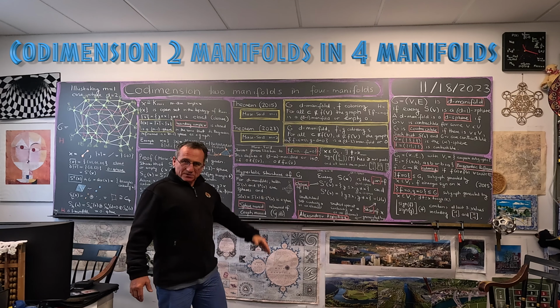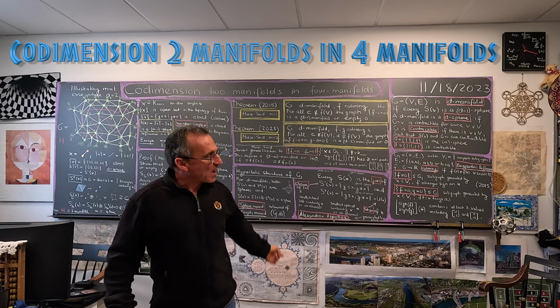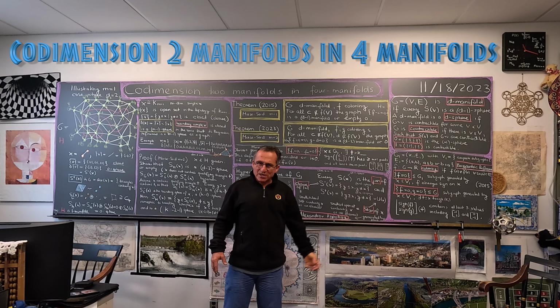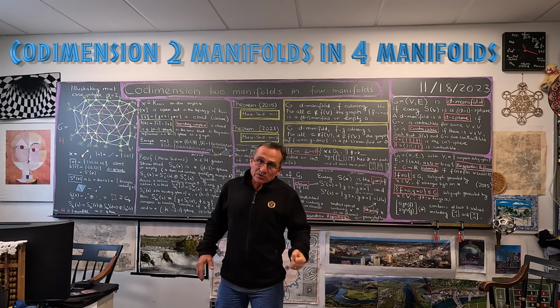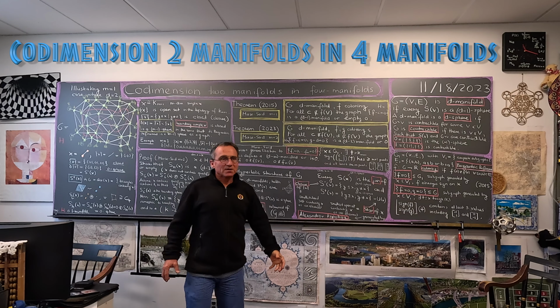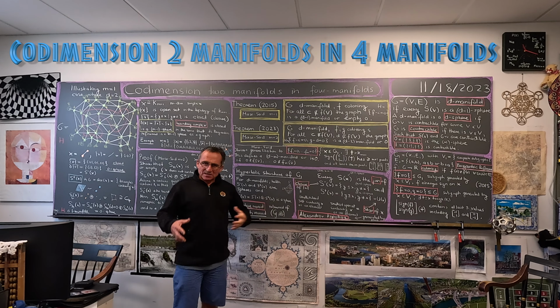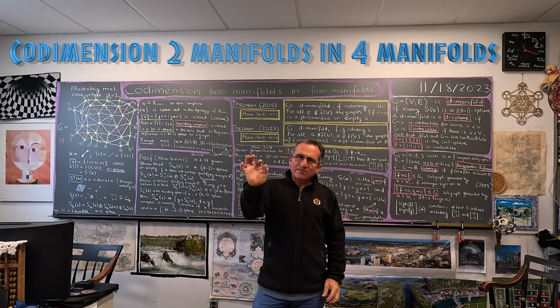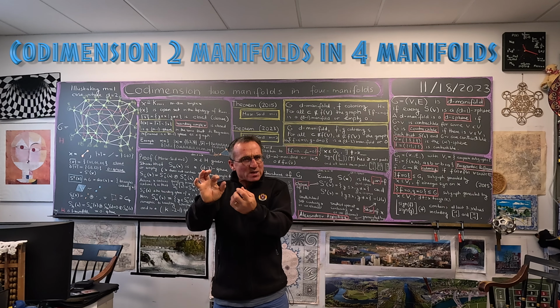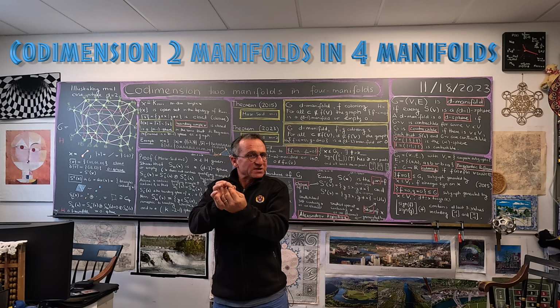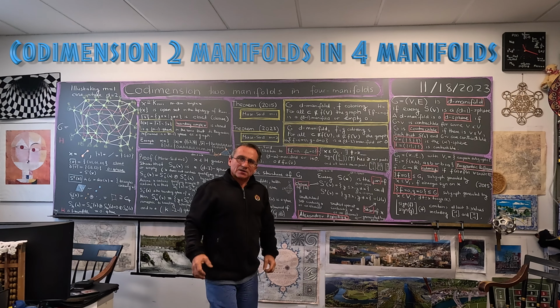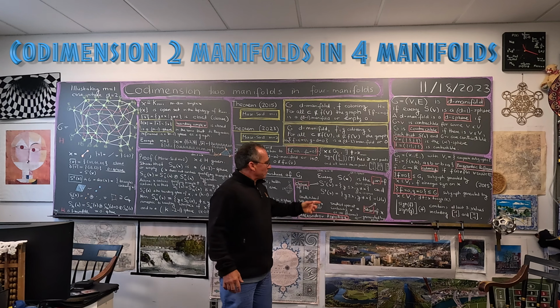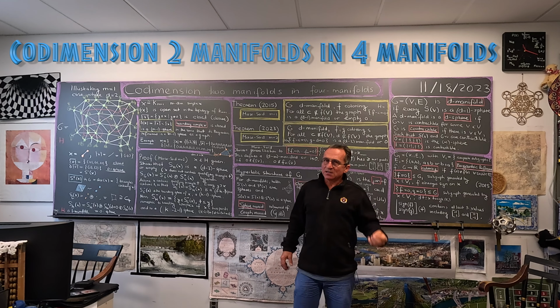So the absolute key is to understand that the barycentric refinement has a very nice hyperbolic structure when you have a manifold. Hyperbolic structure means there is a stable direction and an unstable direction, and every simplex has a stable part, which are all the simplices contained in it, and an unstable part, which are all the simplices which contain the simplex.